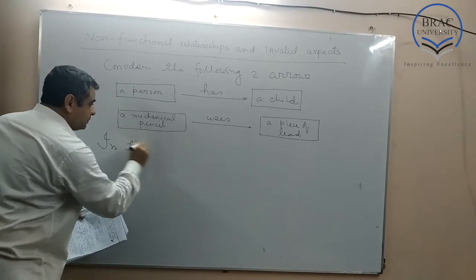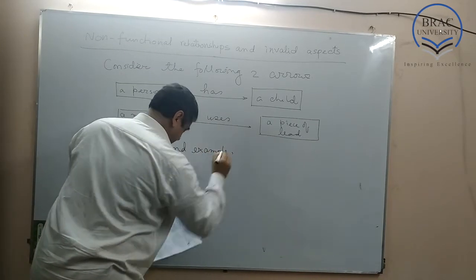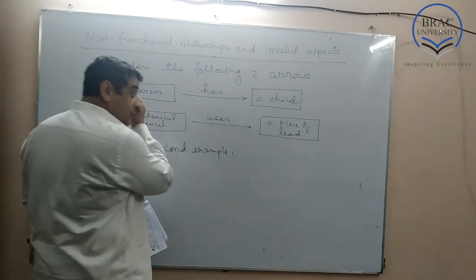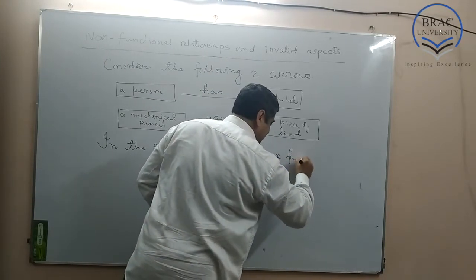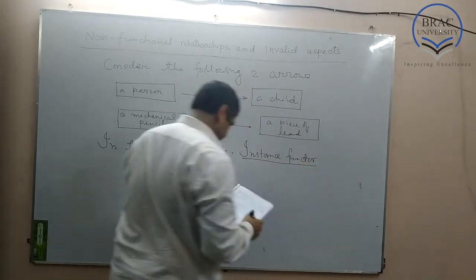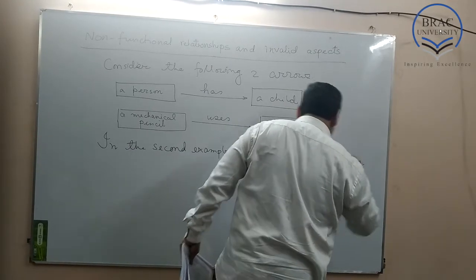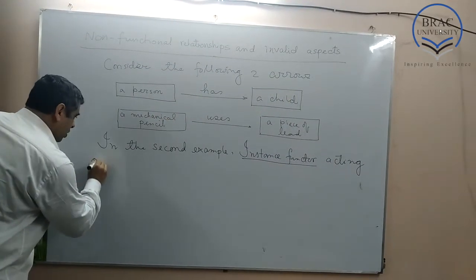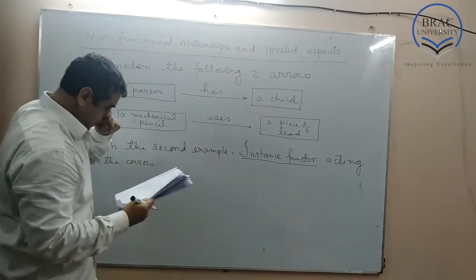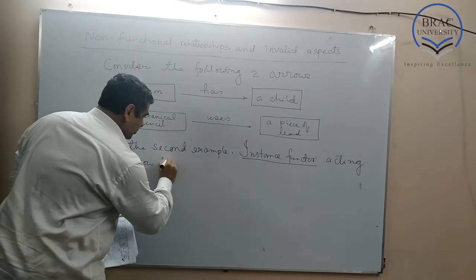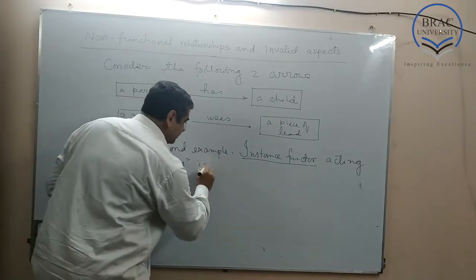In the second example, the instance functor acting on the arrow uses is not a function again.